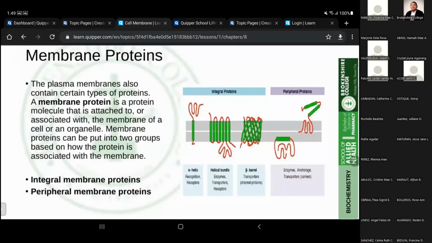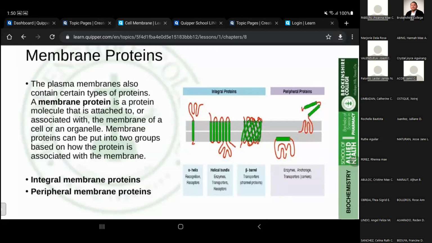Okay? As for our peripheral, the term peripheral means away from the center. That is the definition of the word peripheral, at the end, or away from the center. So just like this, in the location of your proteins, those green ones are your proteins.